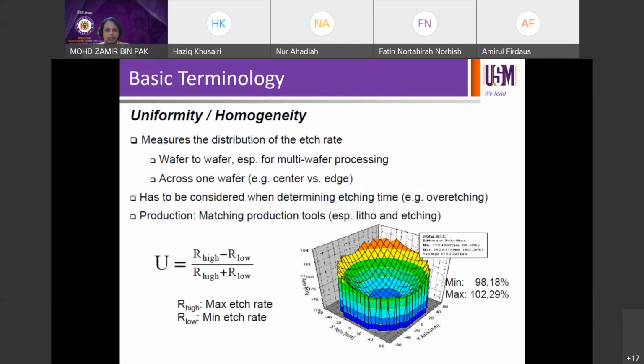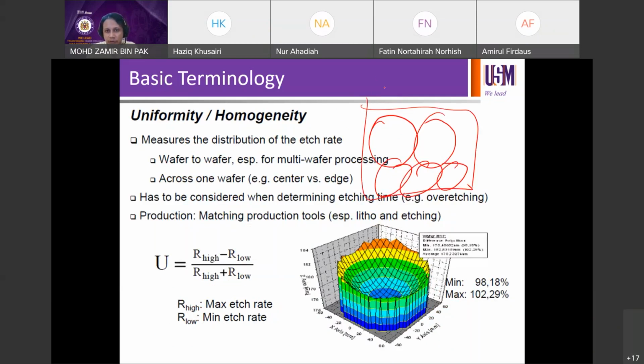Uniformity, homogeneity. When you talk about uniformity of etching, we talk about many things. You can talk about uniformity across one wafer. You can talk about uniformity across two different wafers. You can talk about uniformity across 25 wafers, which is in one batch. For example, one cassette ada 25 wafer. So you can also talk about across the wafers within a batch. Or you can also talk about uniformity across different batches.